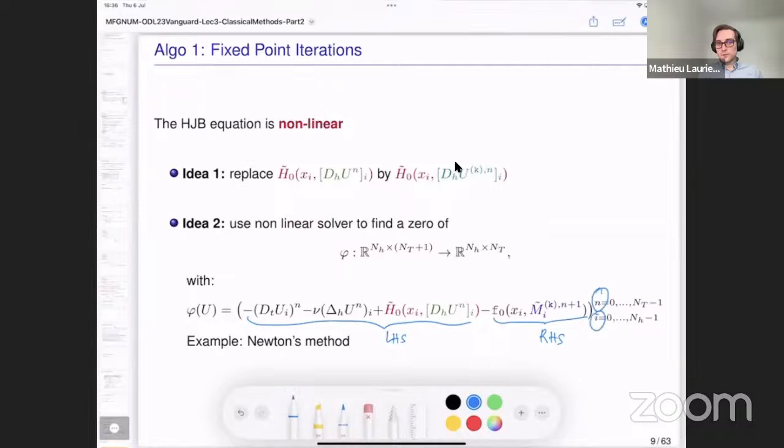So the function phi takes values in possibly large dimensional space, and also the input can be in quite high dimension. And you look for a zero, but we have good algorithms to look for zeros of functions. I discussed one yesterday, for example, Newton's method. So one possibility is to use Newton's method to compute the zero.